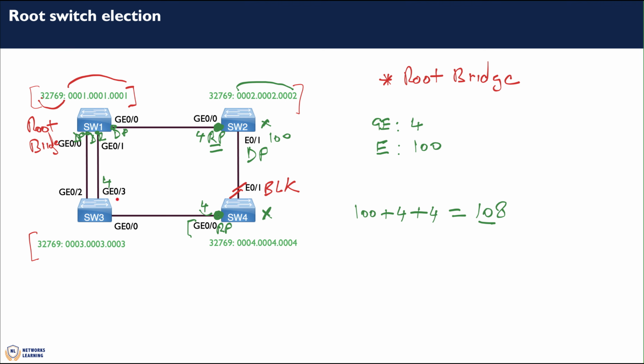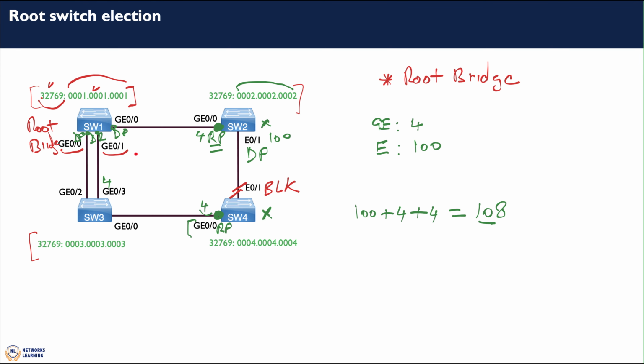So there is another selection process that takes place here when the priority is the same and the MAC address is the same. Since these 2 links end up on the same switch, switch 1, which has the same MAC address, you can't use the MAC address here as a tiebreaker. So the tiebreaker becomes the port ID.